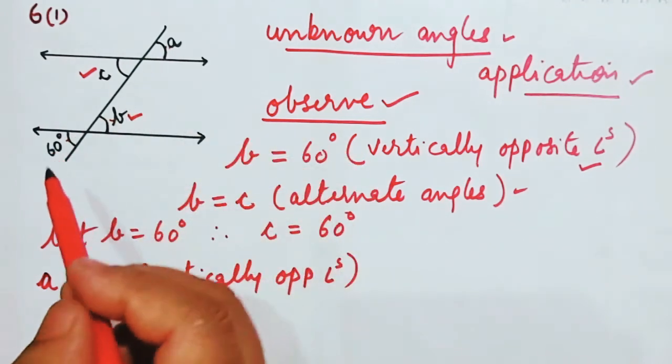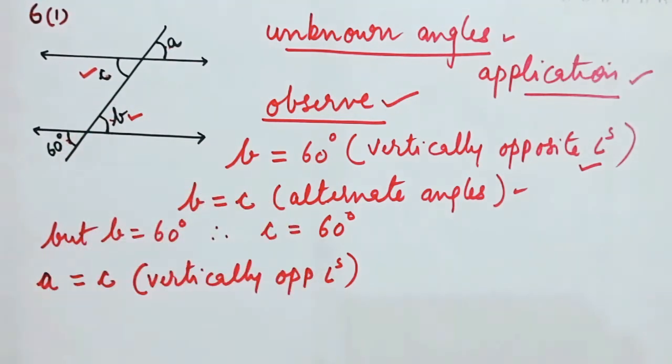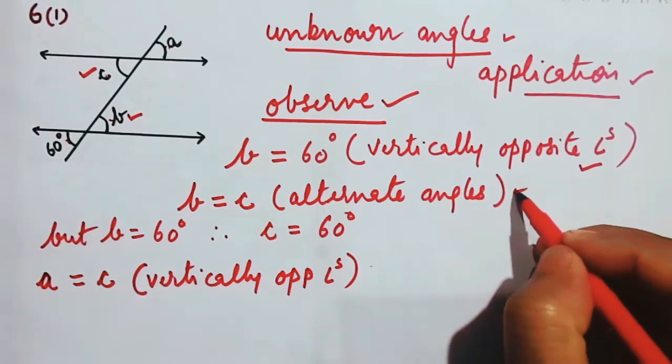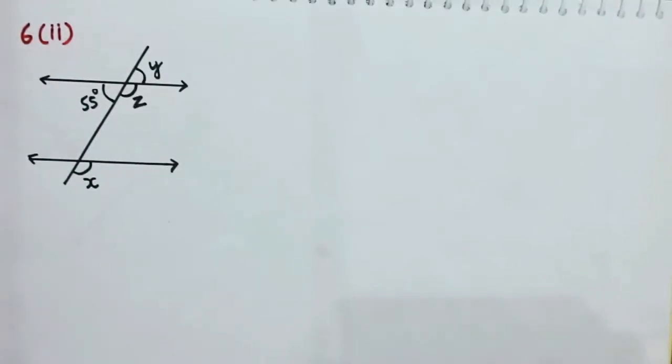There are some children who will write C is equal to 60 degrees because they are corresponding angles. That is also true. Therefore, you can find multiple ways in which you can make the angles equal to each other, provided they follow a certain rule or principle. Therefore, we can say that A is equal to 60 degrees. Clear?